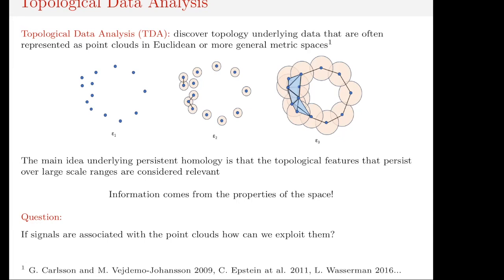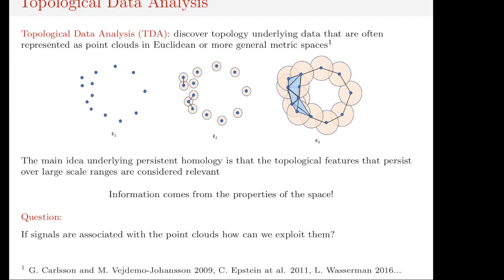In particular, persistent homology is able to build balls around the points, and then we increase the radius of the balls, and we connect points, and we connect triangles, and so on.